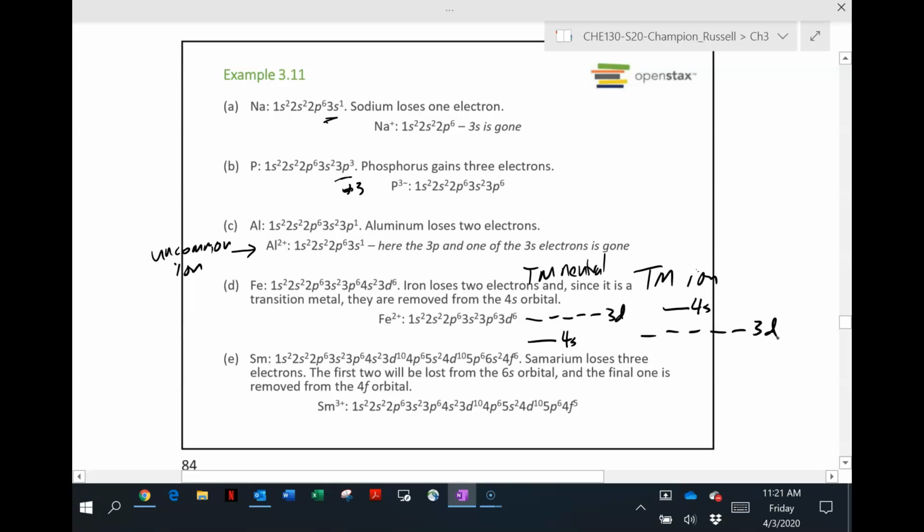So the electrons we actually lose are not the 3ds, we lose the 4s's because of that flip-flop that goes on to get the iron plus 2 ion.